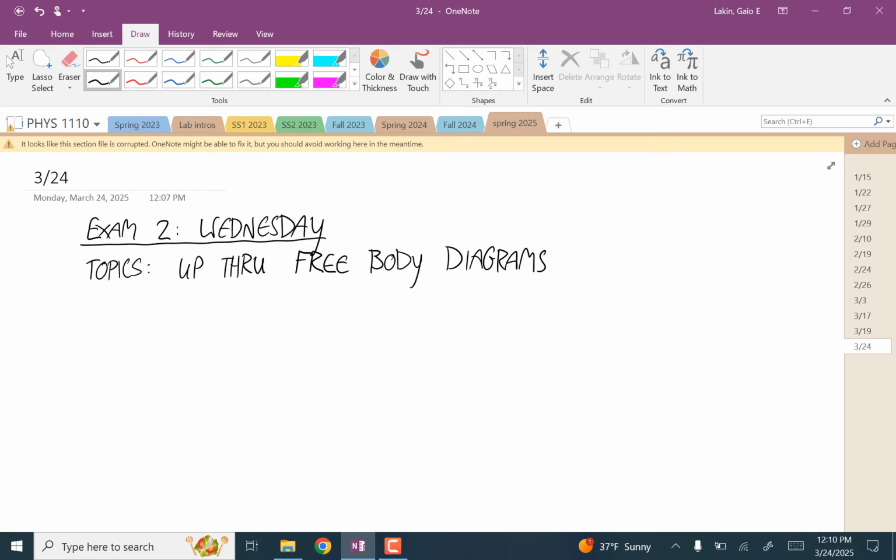But then we're not going to have any problems on this exam using Newton's second law. Okay, so no Newton's second law. We'll get into Newton's second law today, and all of the Newton's second law problems are still helpful for getting ready for this exam because they all start with free body diagrams.